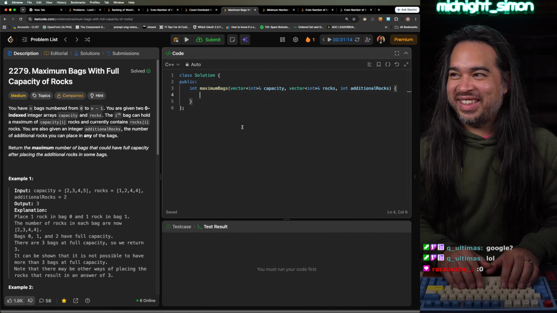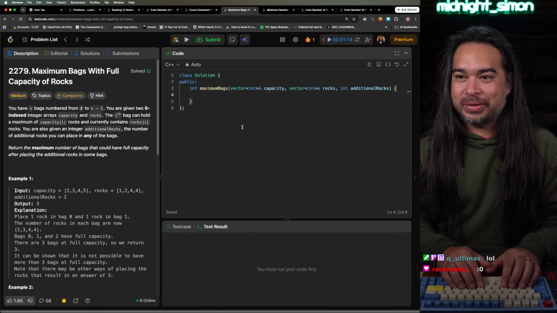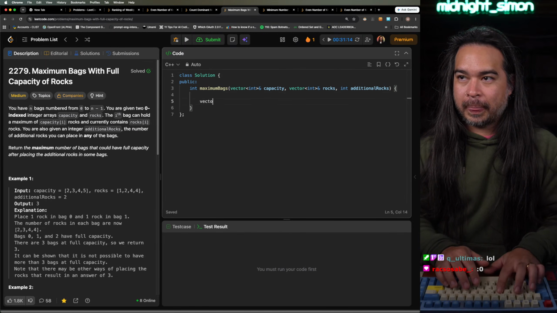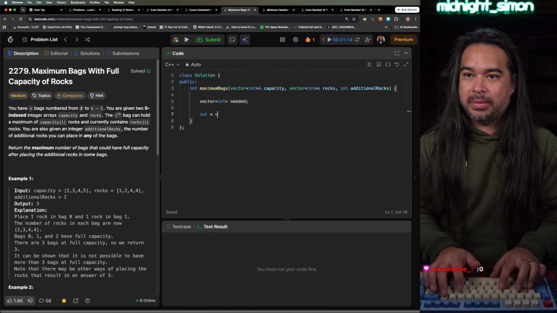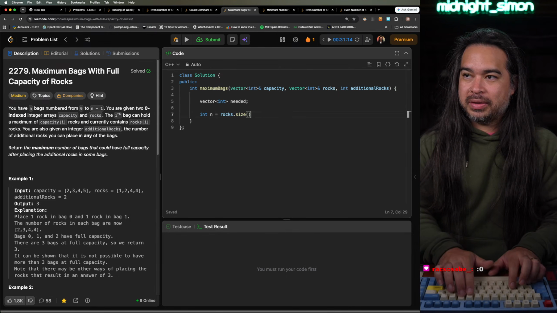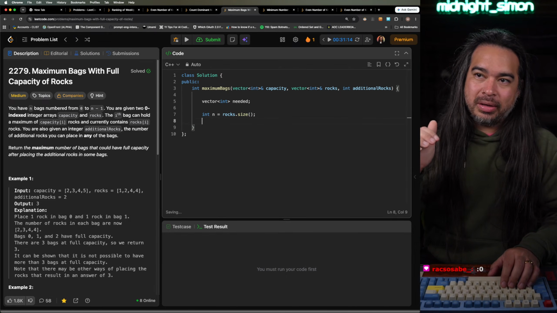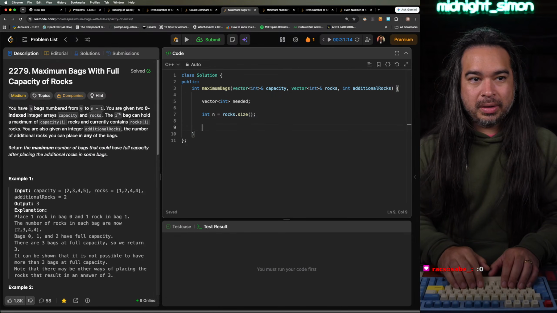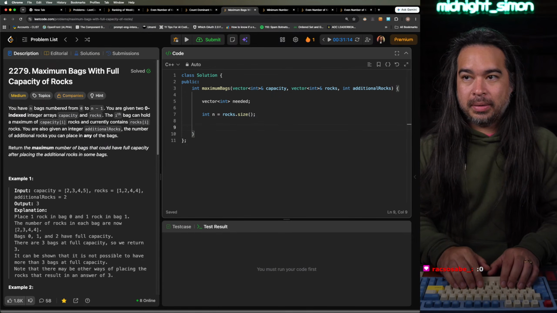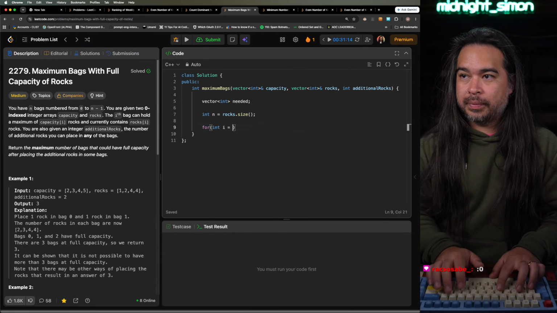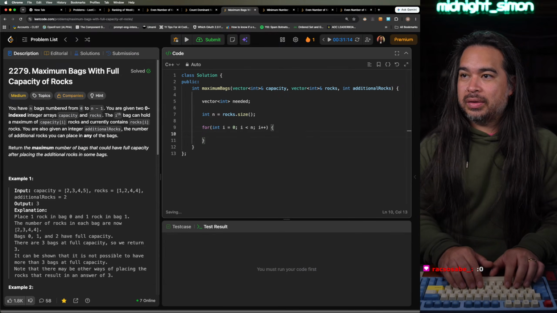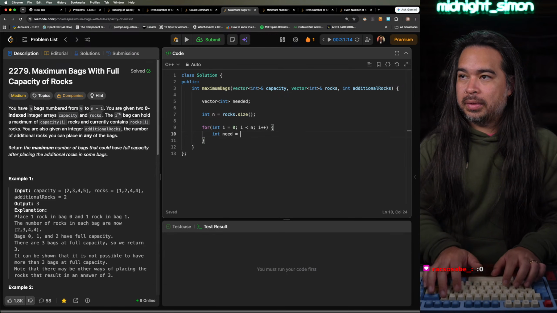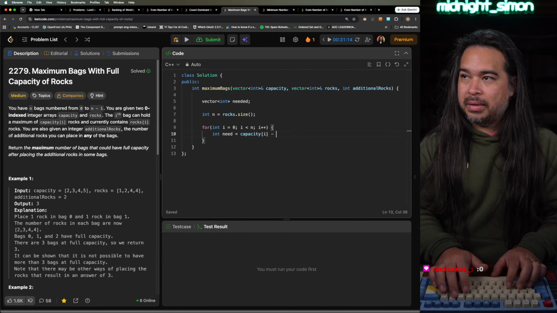Oh yeah, I think I can do this one, man. So I'm just going to iterate through all the rocks and see how much more each bag can hold. So it's capacity[i] minus rocks[i].